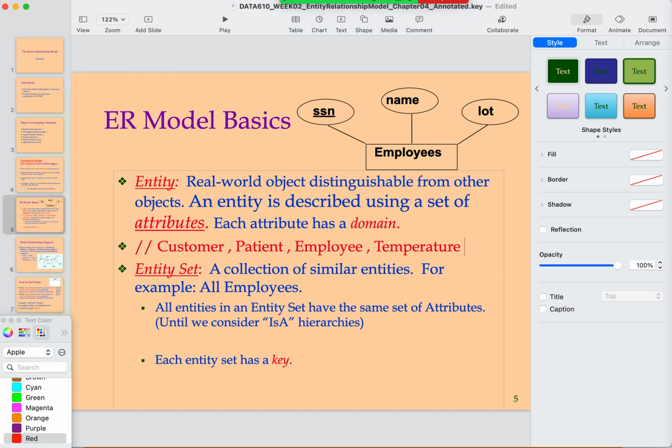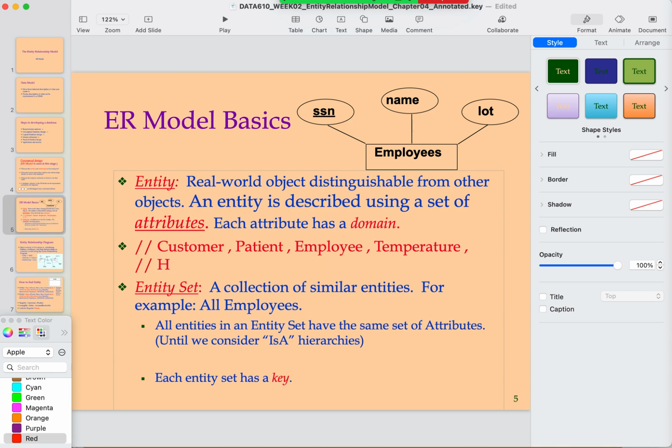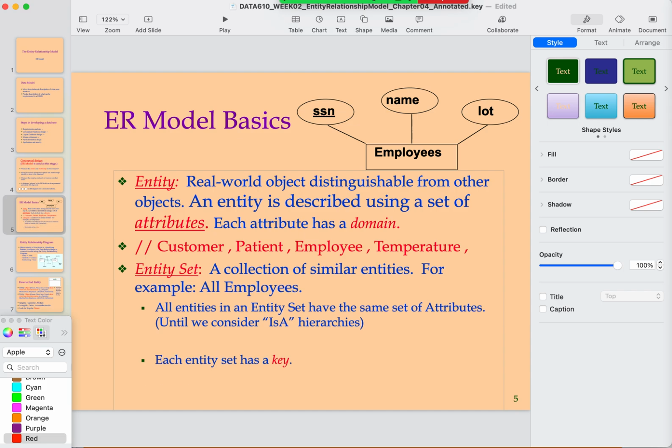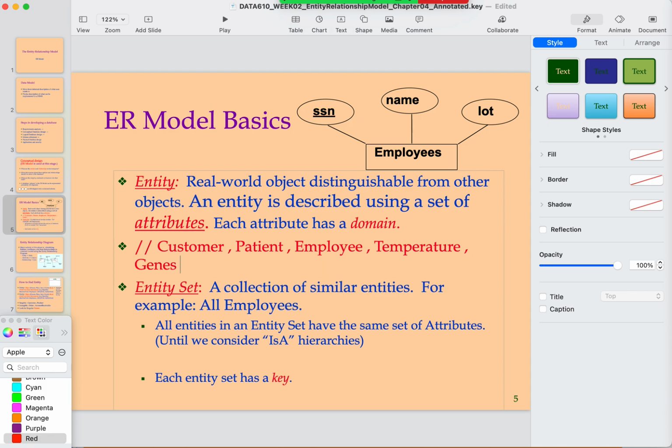It can be a database of human genes, biological, and it can be a database of computers for network.